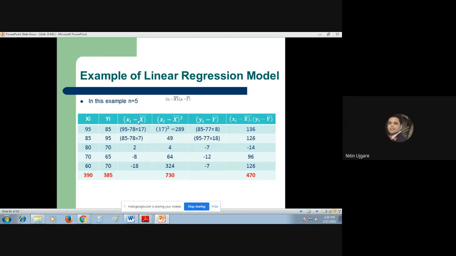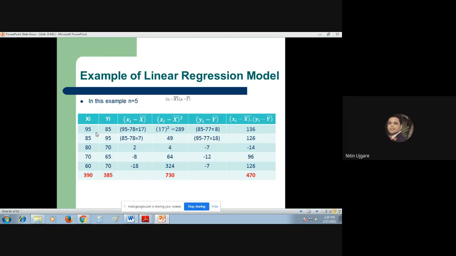Let's calculate xi minus x bar. Just subtract the mean of x, that is 78, from the value of the first instance, 95. The x bar is also called the mean of the x values or the centroid of the x coordinate values. So 95 minus 78 is 17.